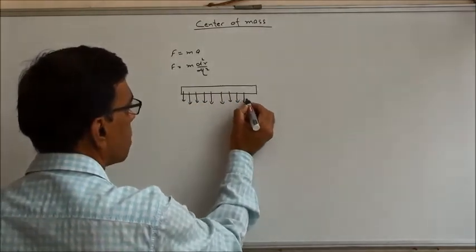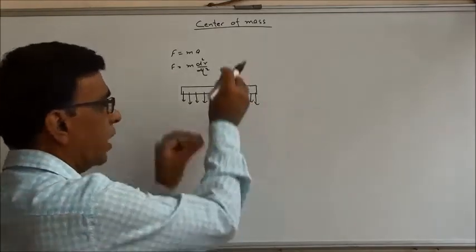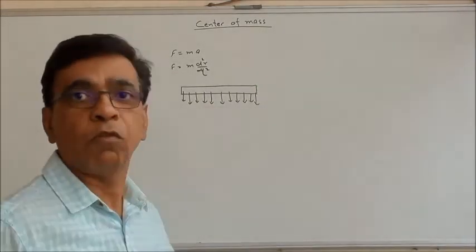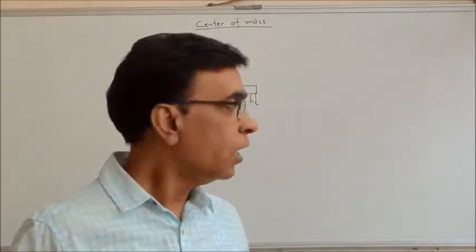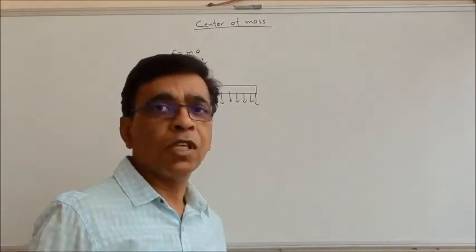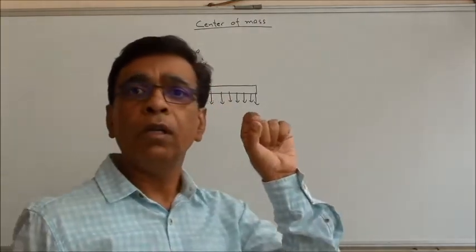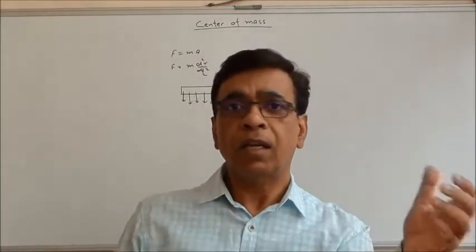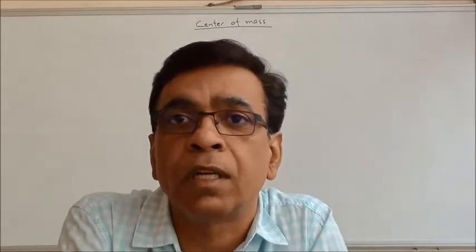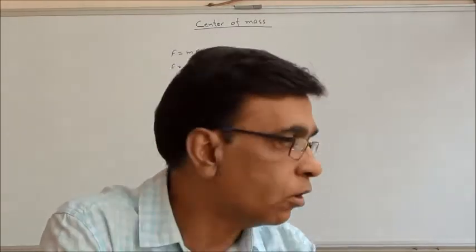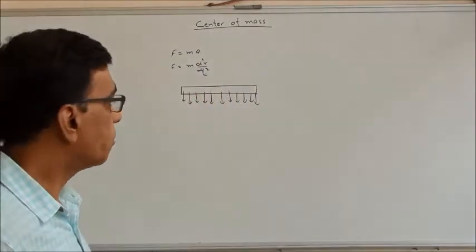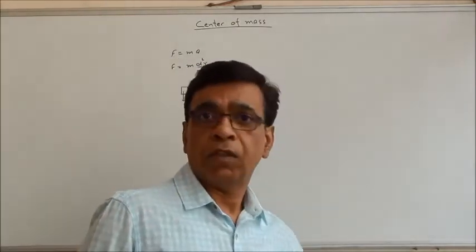Innumerable point masses are there and the weight is acting downward. For each point mass it is downward. And if there is any other force, I have to apply this on each point mass, and then I may find out the net force and the net acceleration of the body. This is one approach.